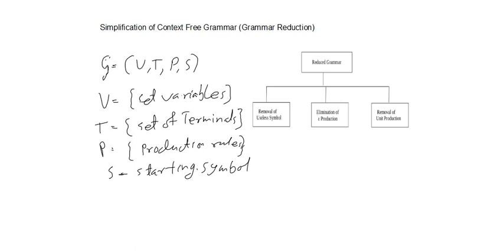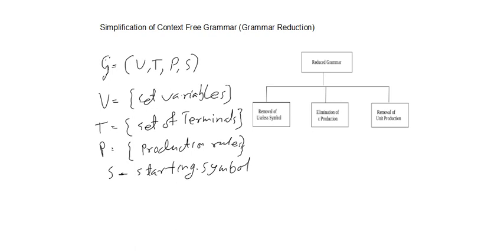In the grammar we have production rules, and the left-hand side of a production has a variable, and from the variable we obtain the production on the right-hand side. The right-hand side may contain terminals and non-terminals, or even null symbols. Now we'll see one by one what is a useless symbol, what is an epsilon production, and what is a unit production.